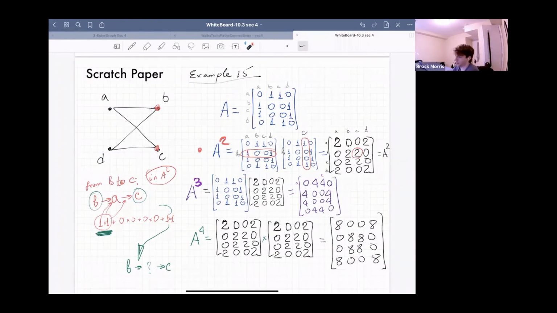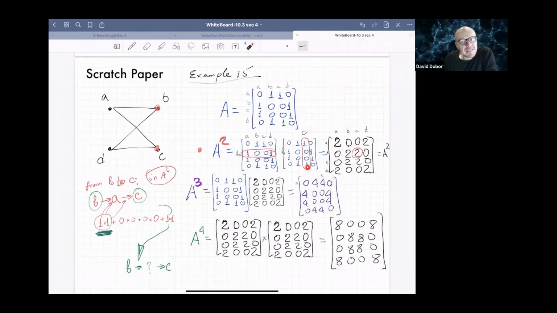It's D, right? So B to D, and then D to C. Is there a path from B to D? Yes, there is, there's that edge. Is there a path from D to C? Yes, there's that edge. So that's why I have 1 times 1.